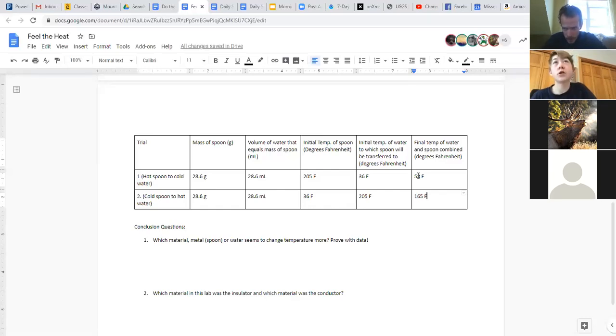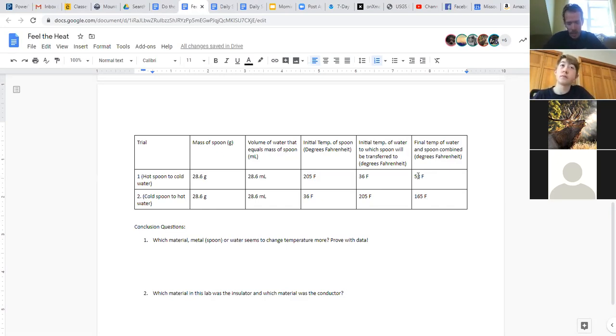I just don't understand why they're so drastically different temperatures. Yep, it comes down to this question here, number 2. One of these materials is a conductor. One of these materials would be considered an insulator.